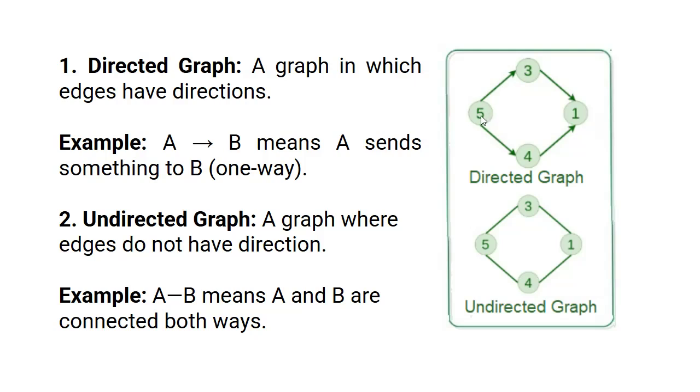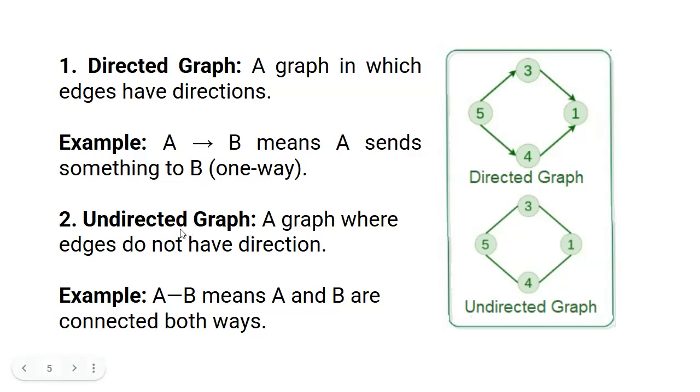That is, from 5 to 3 there is an edge, and it has a direction from 5 to 3, so all the edges have directions, so this graph is known as a directed graph.